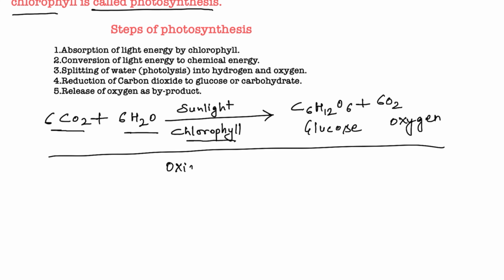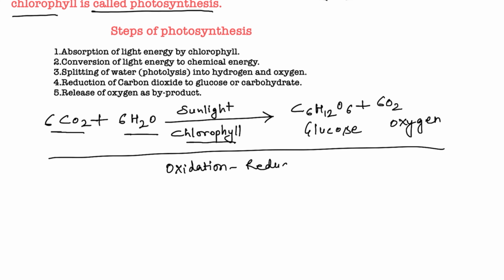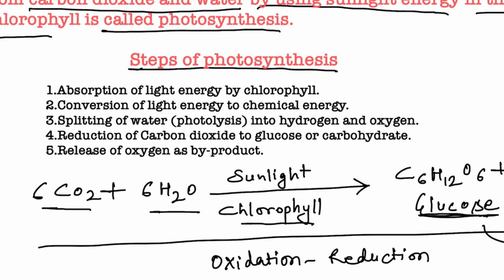We can also say that this is an oxidation reduction reaction. Okay? We all know glucose is a type of carbohydrate and it is a simple carbohydrate. These are the steps of photosynthesis.